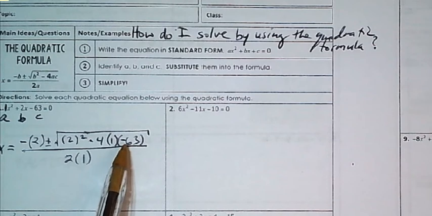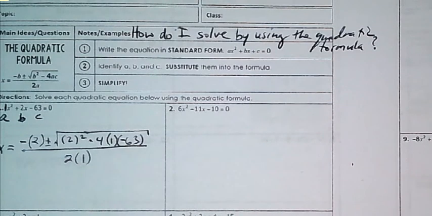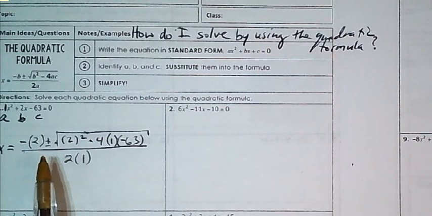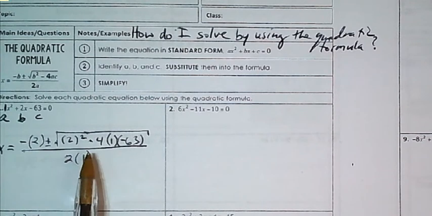So you do not want to put this in the calculator all at once. I'll tell you another reason: because this is two answers. This is positive and negative square root. So you just have to simplify step by step, and then at the end is when we do our final answers.